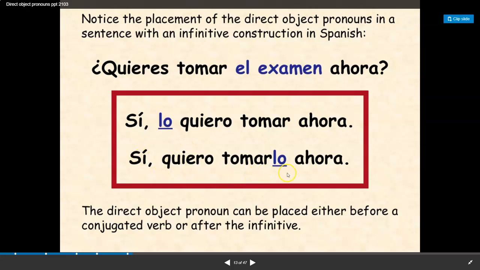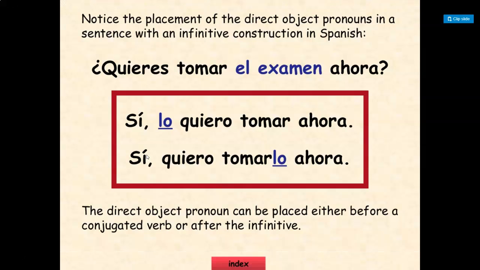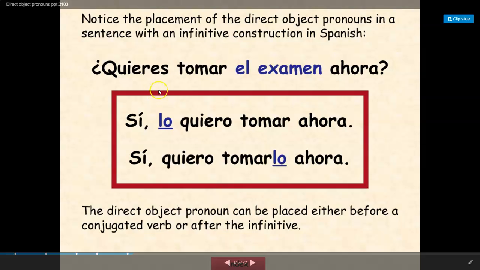Sí, quiero tomarlo ahora. Okay, yes, I want to take it now. This one is my favorite only because I feel like we speak this way in English, so it kind of makes sense. The direct object pronoun can be placed either before the conjugated verb or after and attached to the infinitive.